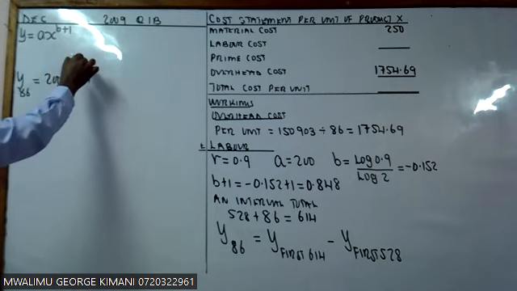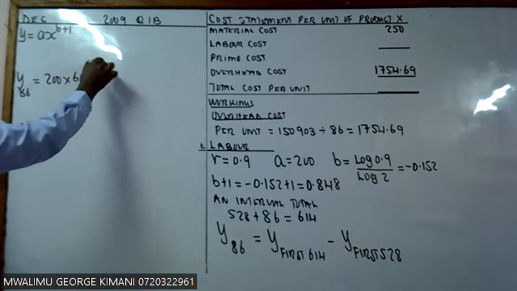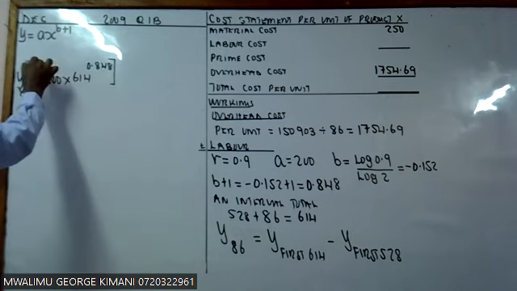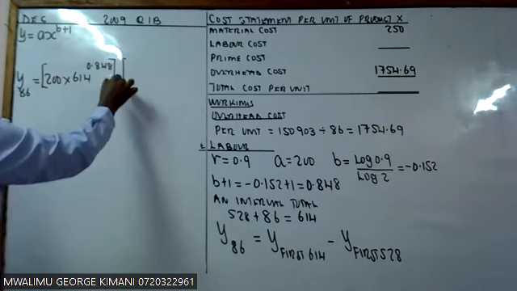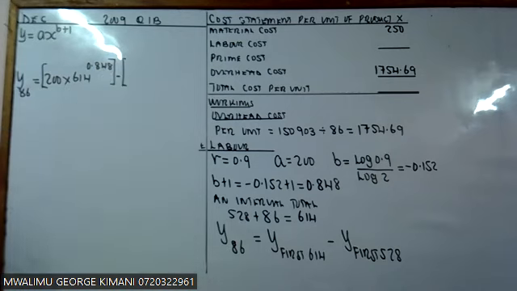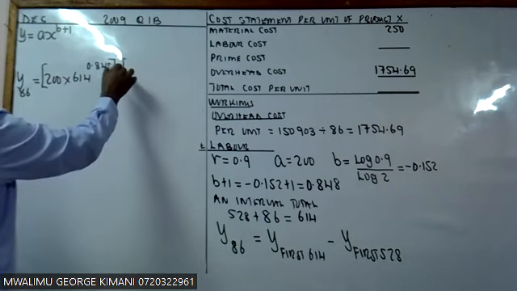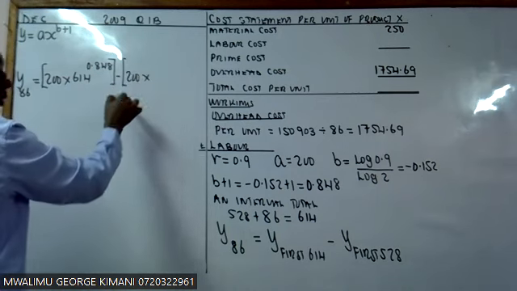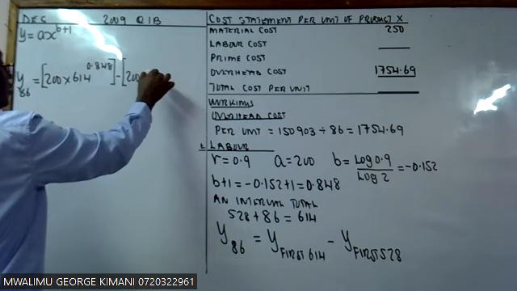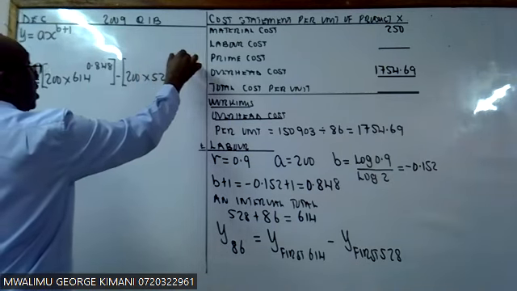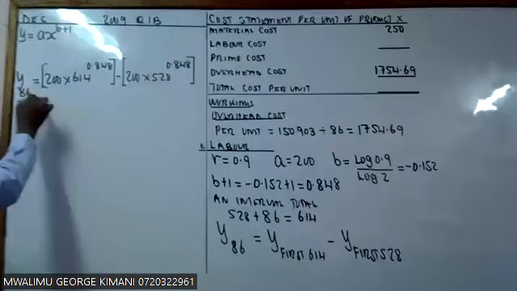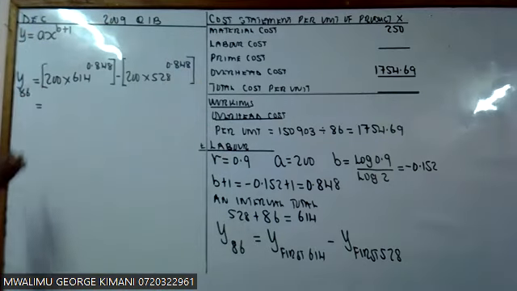You raised power 0.848. You minus 200 multiplied by 528, you raised power 0.848. So I would like you to work out and give me the answer.